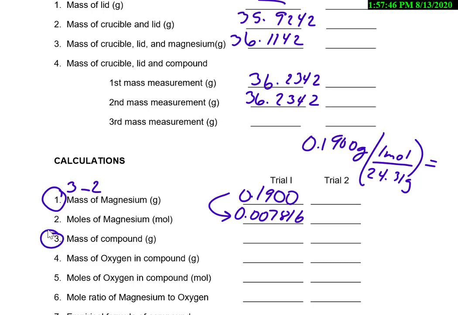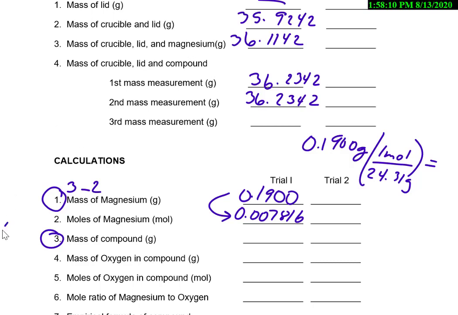For the mass of the compound, we come up here and we see that this 36 value down here is the crucible, the lid, and the compound. So what I really need to do is get rid of the crucible and lid so that I know the mass of just the compound. So I'll take this 36.2342 and I'll subtract just the crucible and lid.